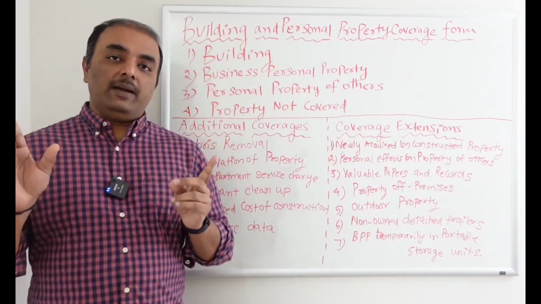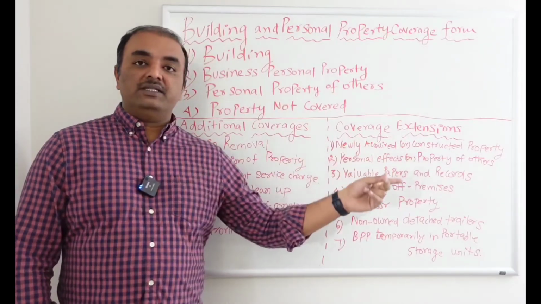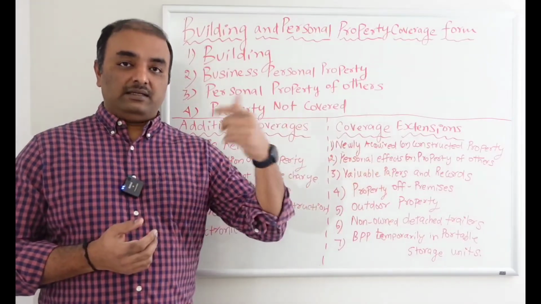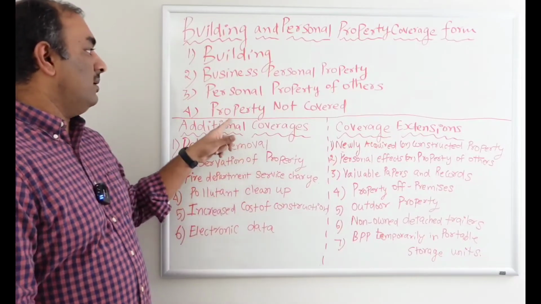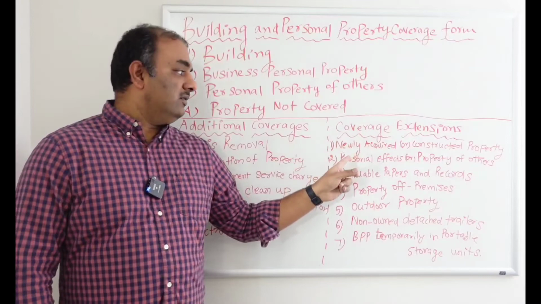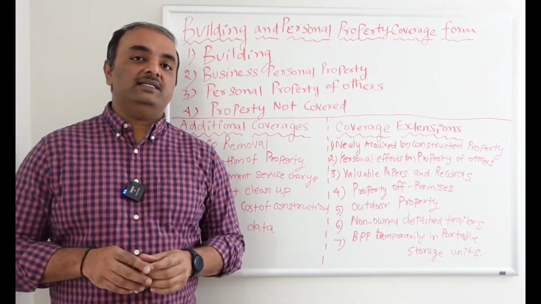That limit will be applicable to these personal effects. Similarly, the properties of others, as I told you with dry cleaning, if they have their properties at our location and you don't have this personal property of others coverage, this will come into play, with the special limit, whatever the limit is in the declaration page.